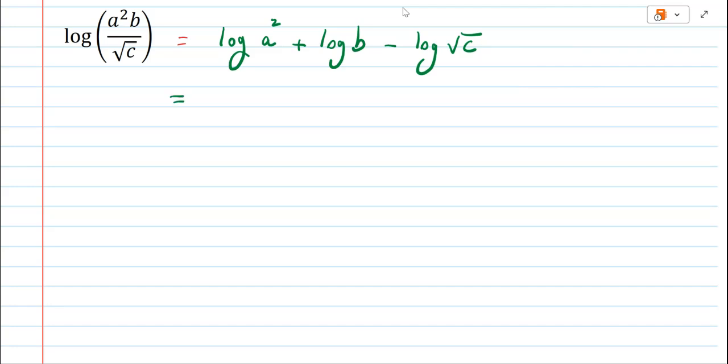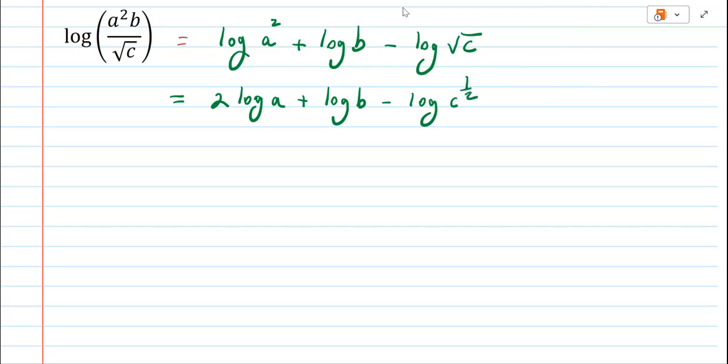So next step, this one, log of a squared, is 2 log of a plus log of b. Log of b cannot be simplified, so that's what that is. And then the last piece is that negative log of c to the half.